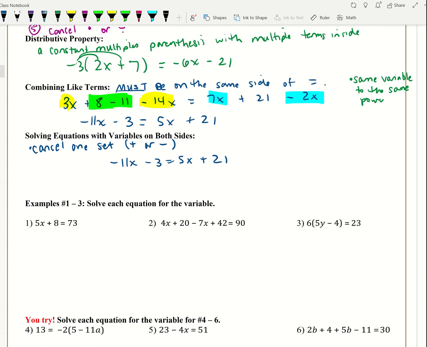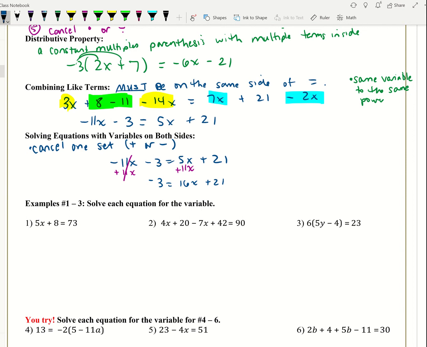We want to collect all of our variables together on the same side. You could do this in two different ways. One way could be to cancel the -11x by adding 11x. First rule of algebra: whatever you do to one side of an equation, you need to do to the other. And that would allow you to collect all your terms on the same side.